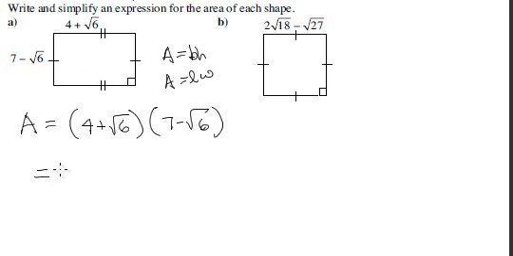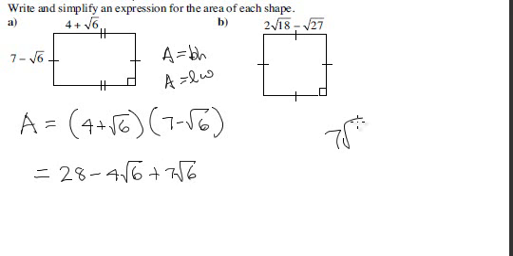First, 4 times 7 is 28. Outside, 4 times negative root 6 makes negative 4 root 6. Inside, root 6 times 7 makes 7 root 6. You notice we always put these with the rational coefficient out front and then the radical afterwards.